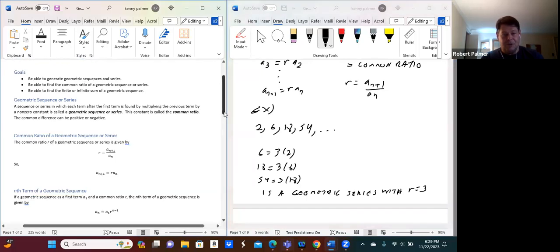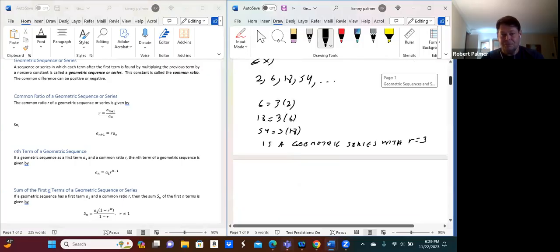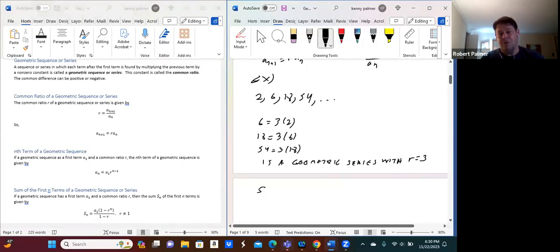A few more things. Now that we know R is 3, we know that for any number in the series, A(n+1) divided by AN is equal to 3.